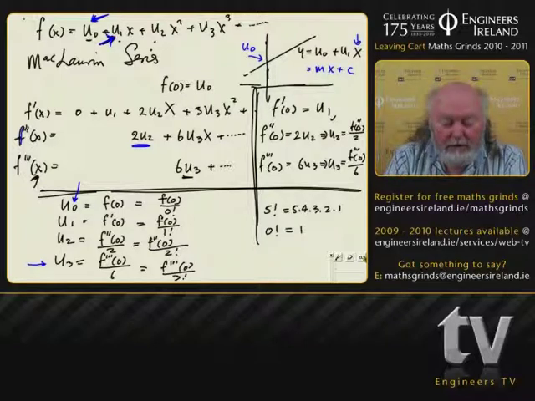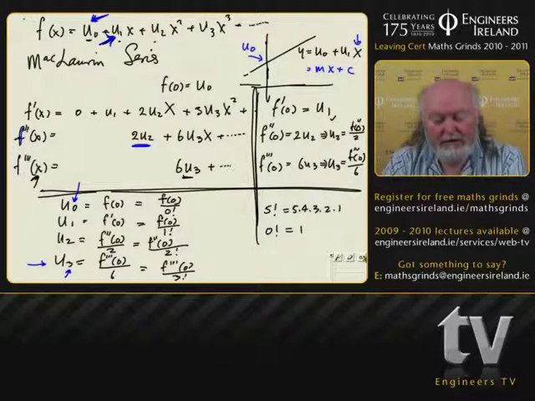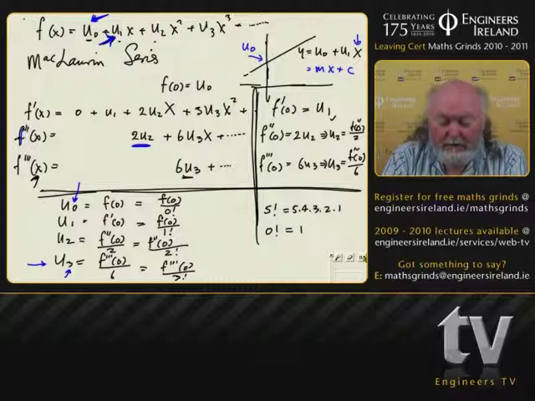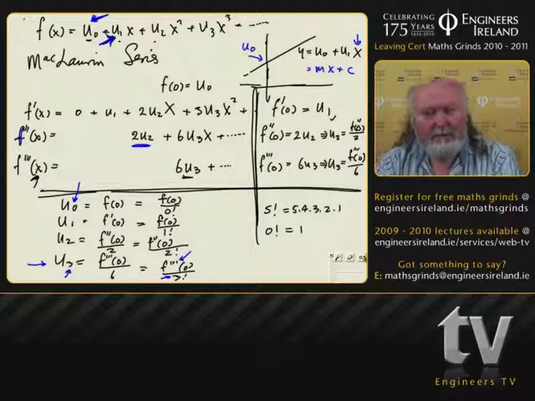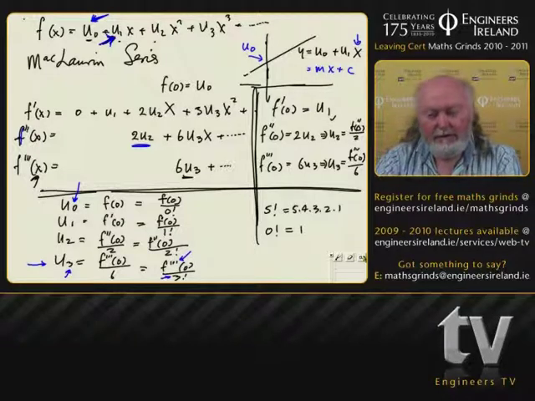When it's U3, when it's this guy here, you have factorial 3, and you've got differentiated 3 times.